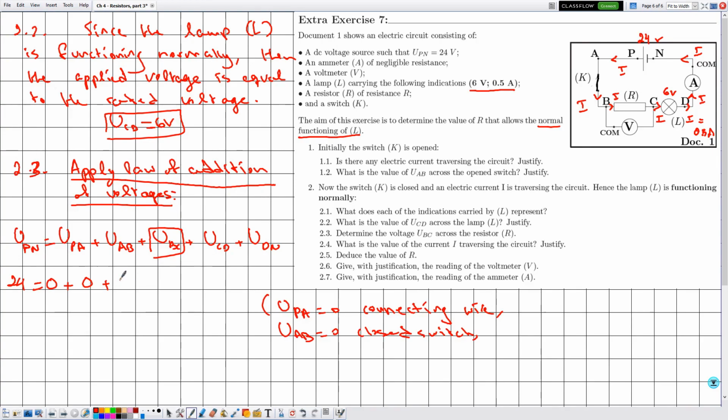Now UBC is kept as a variable because we are interested in determining UBC. As for UCD, UCD is given by 6 plus UDN. Across D and N we have an ammeter, so it's 0, and the reason is given by negligible resistance.